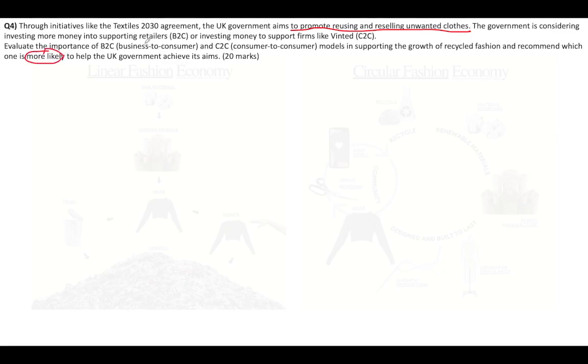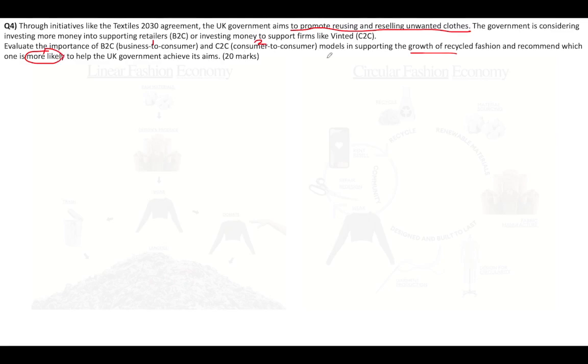So option 1 is B2C, option 2 is C2C. Let's quickly change glasses. So, we're thinking about supporting growth. Okay, so it's which one can support growth and achieve its aims.